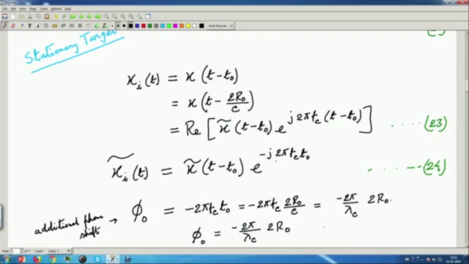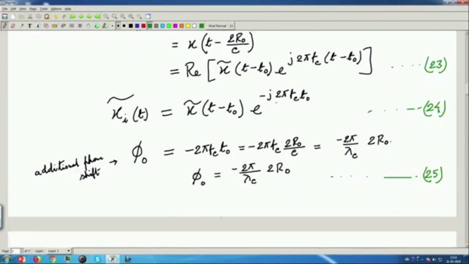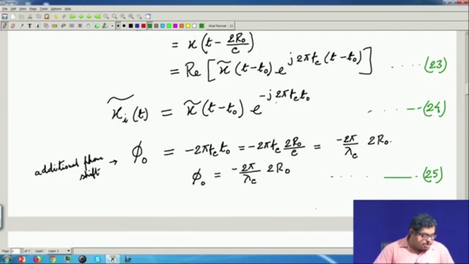So, this is again an important relation, because for a stationary target also we have an additional phase shift. Now the question is a very small change in range.